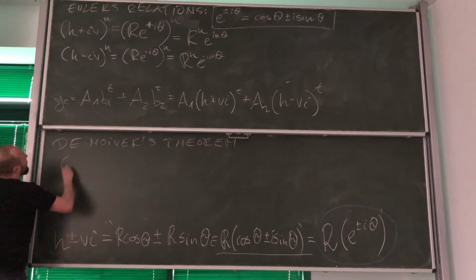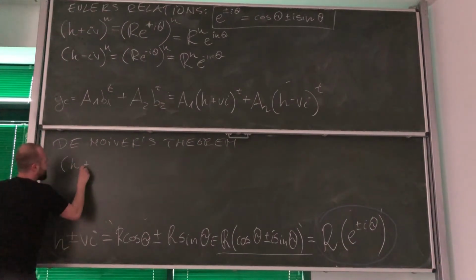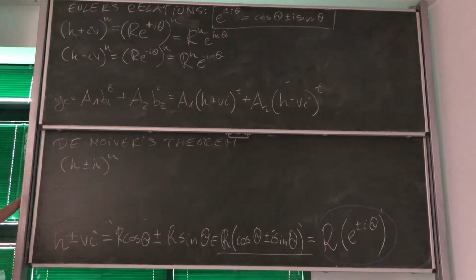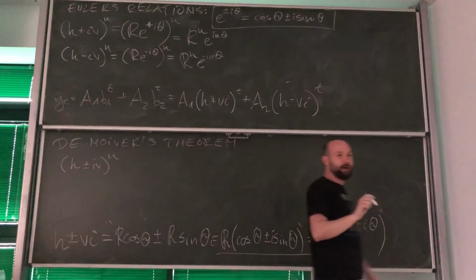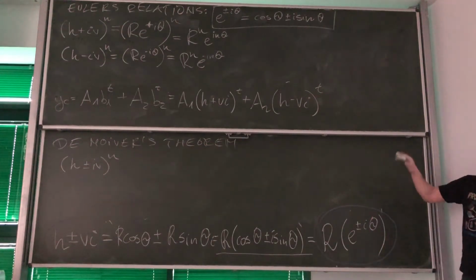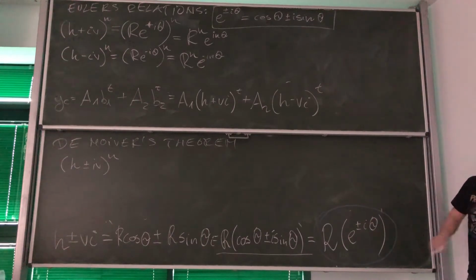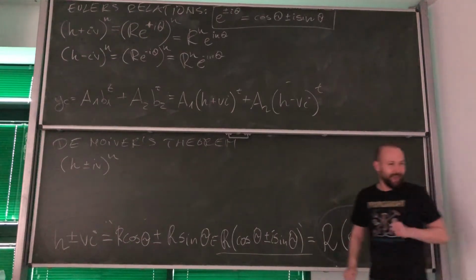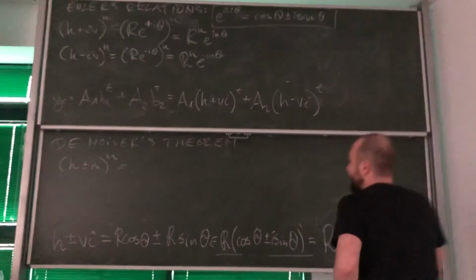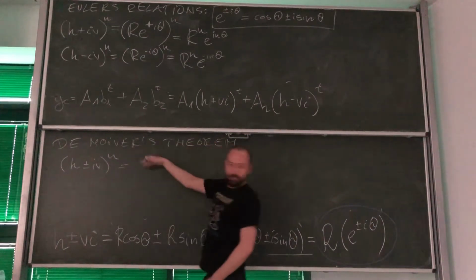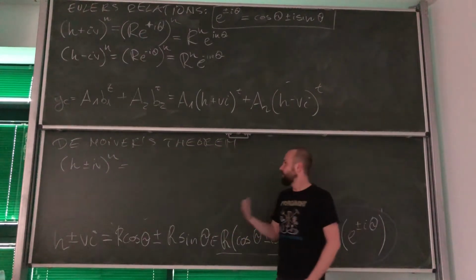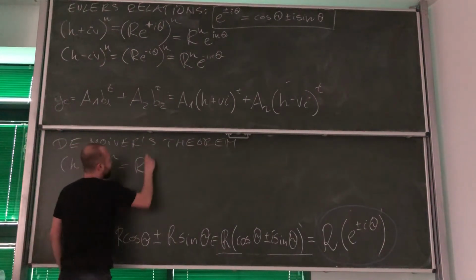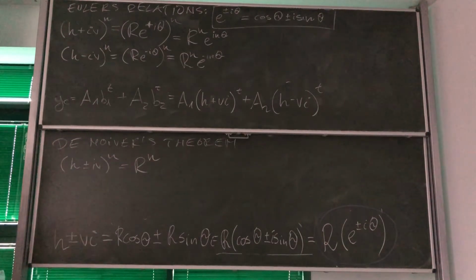So, if I'm going to say h plus minus i v to the power of n, so if I'm actually going to take a set of complex conjugate numbers and raise them to the power of n, h plus i v, so a pair of conjugate complex roots taken to the power of n, is giving us definitely r to the power of n.